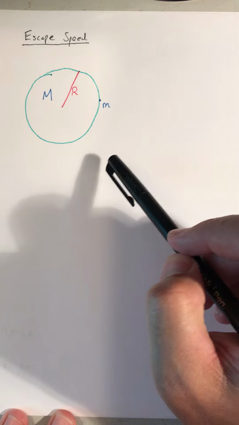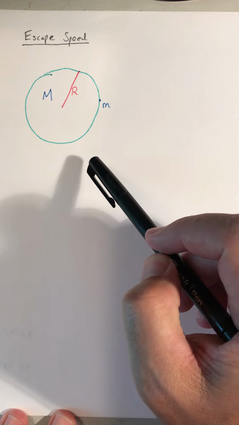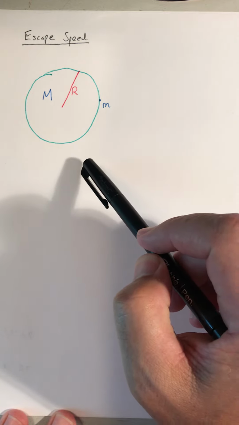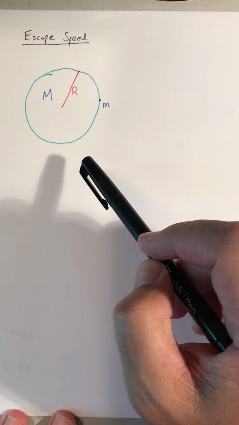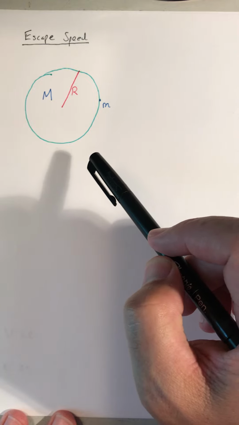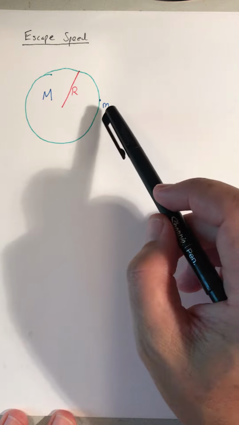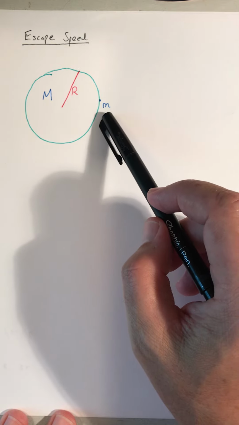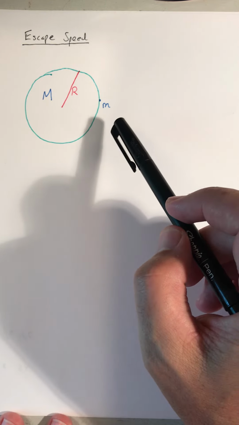It doesn't have to be set up this way. You could calculate what's the escape speed from Jupiter's orbit to get away from the sun. But for right now, we're just going to think about having this little mass m sitting on the surface of the planet.